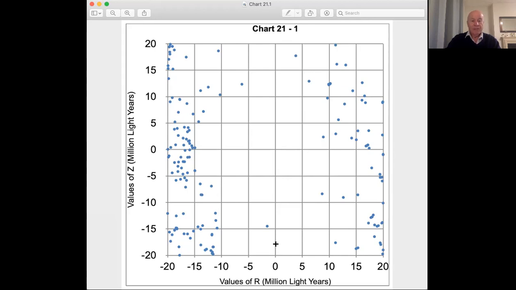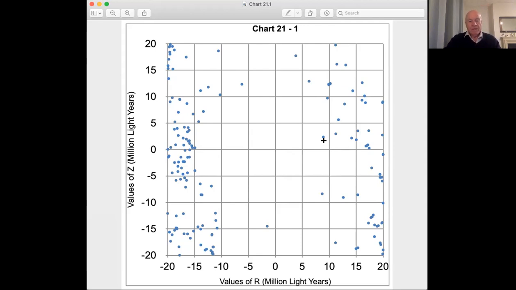And I chose to show the minus values of y on the left and the positive values of y on the right. But by using r as the axis, it reveals a spherical region of empty space around the center of the universe.